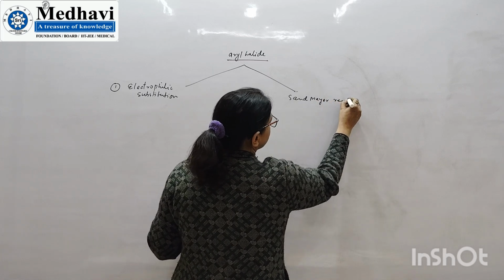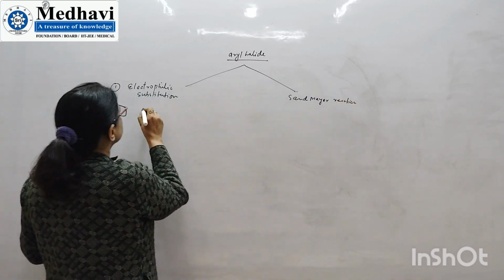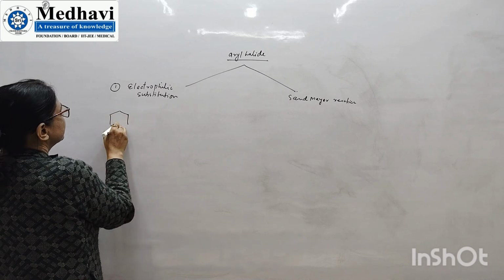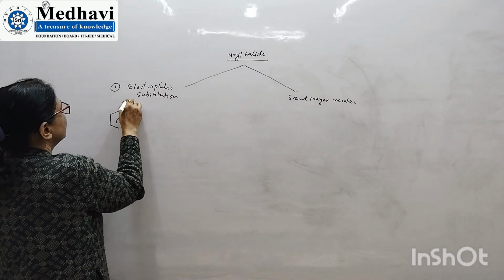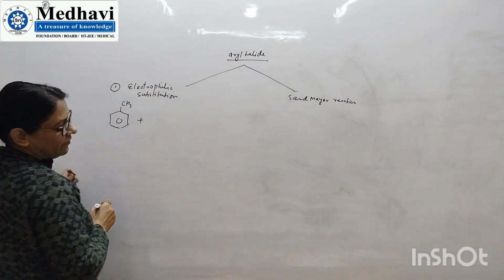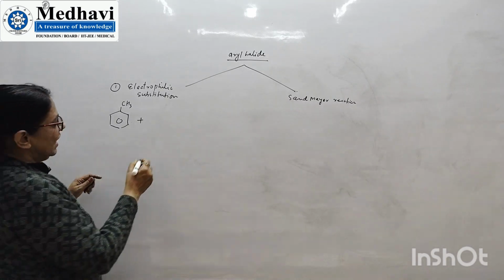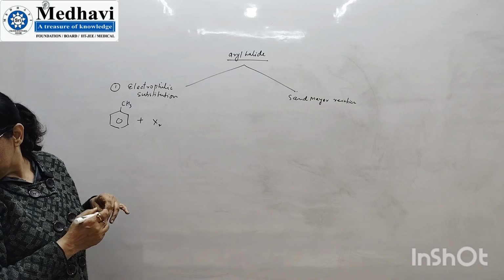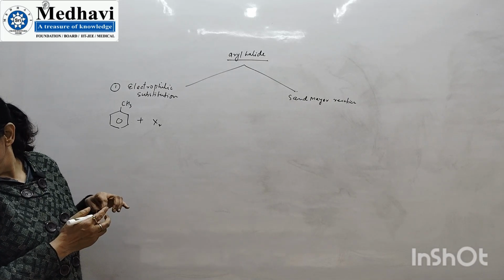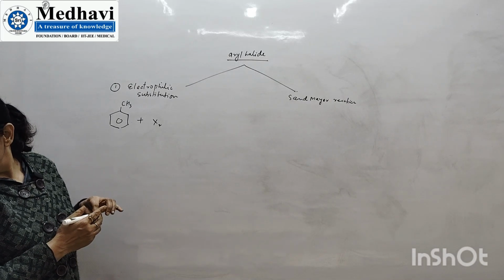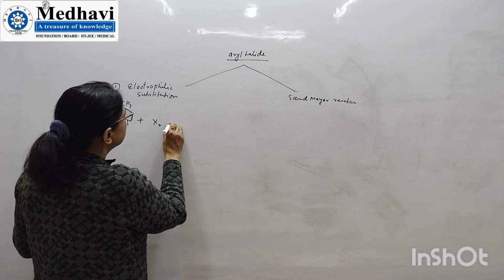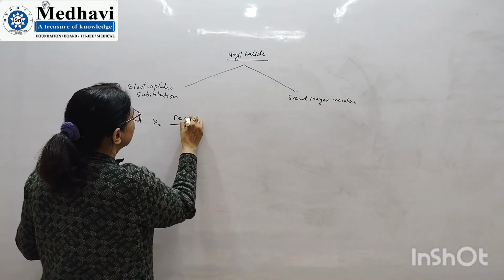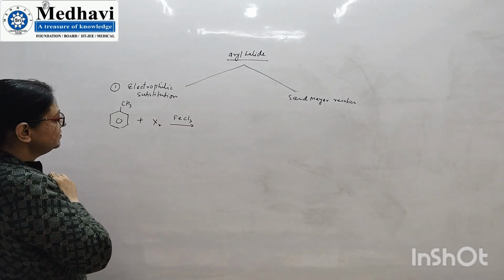Very, very important. In this reaction, benzene or a benzene derivative, suppose toluene, is reacted with a halogen, where X can be chloro or bromo group, in presence of a Lewis acid, that is FeCl3.